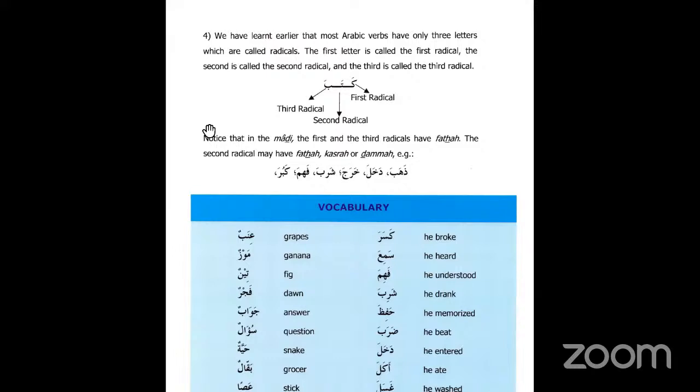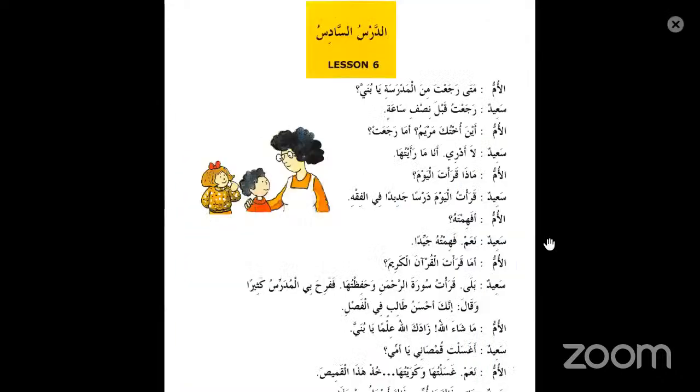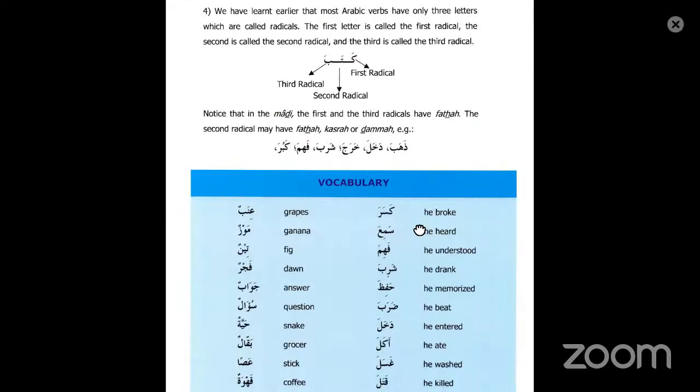We have learned earlier that most Arabic words have only 3 letters, which are called radicals. The first letter is called the first radical, the second is called the second radical, and the third is called the third radical. Kataba. Kaf is the first, ta is the second, and ba is the third.